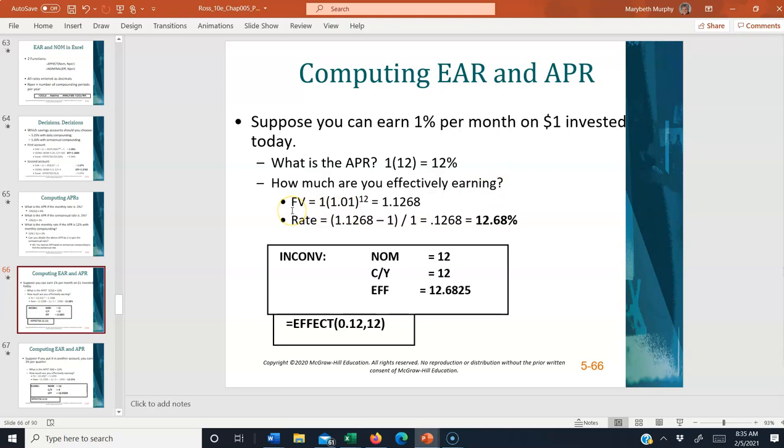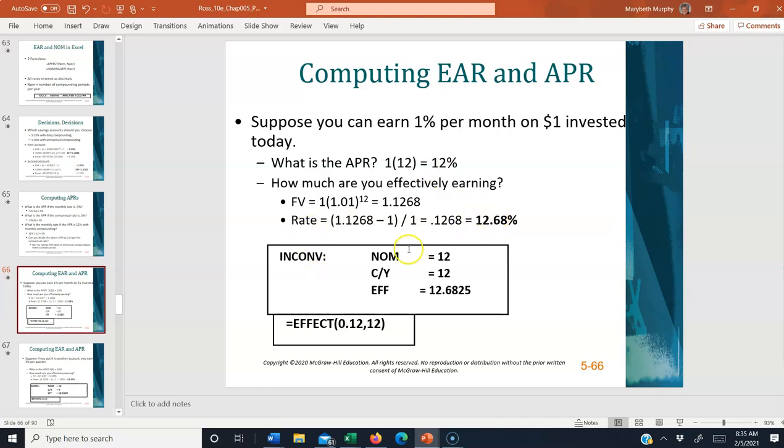The EAR would be equal to 1.01 to the 12th power. That gives you a future value of 1.1268, minus 1, divided by 1, gives you an interest rate of 12.68%.